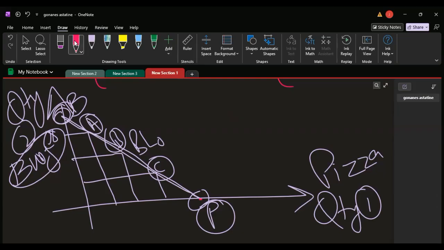Let's say we are expending a quantity of pizzas, this quantity P naught. Then with the increase of income, he will expend more money on pizzas, let's say P1, and similarly he will take more quantities of burgers.